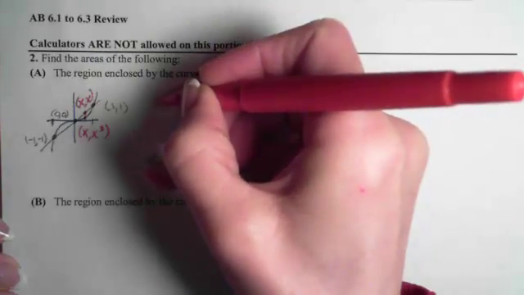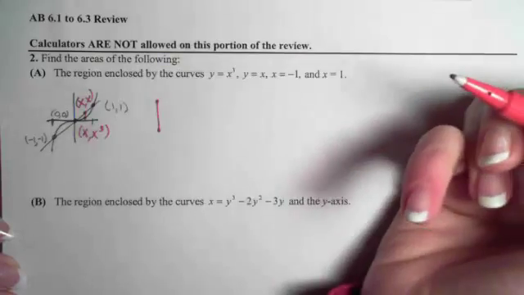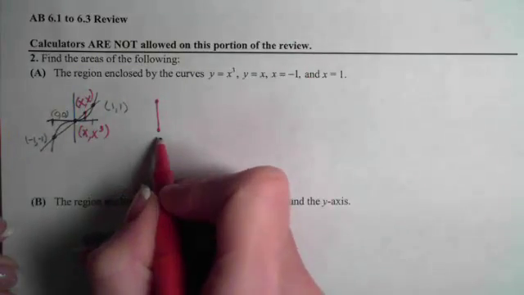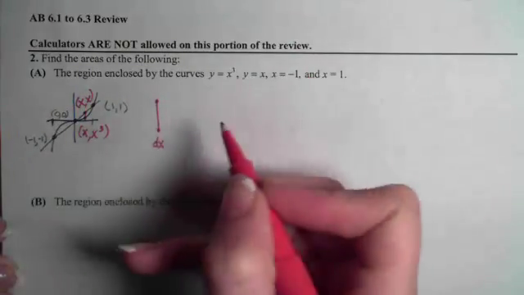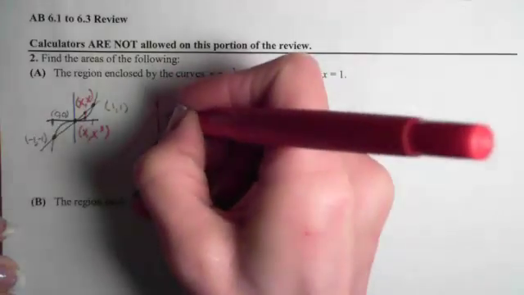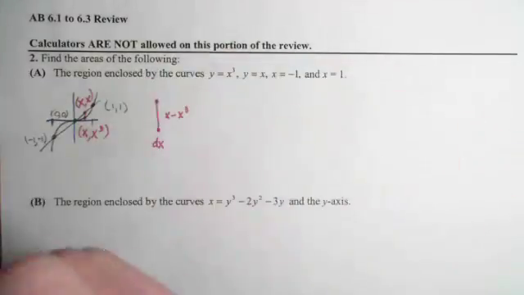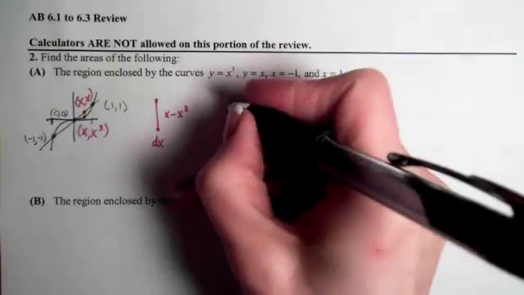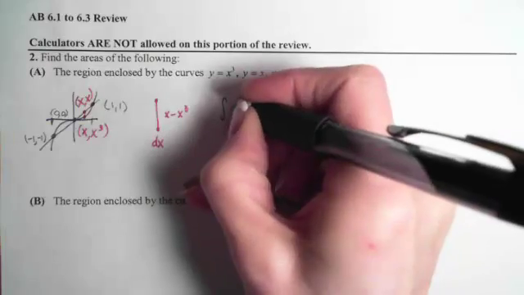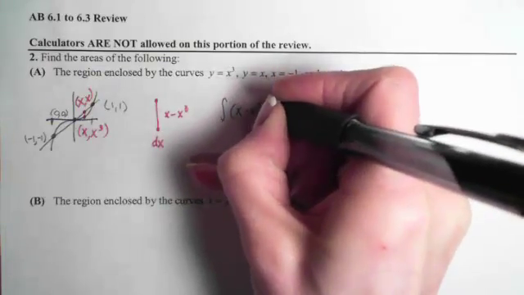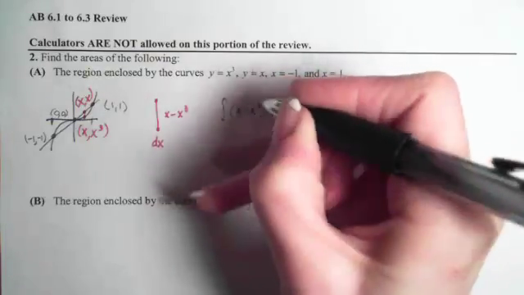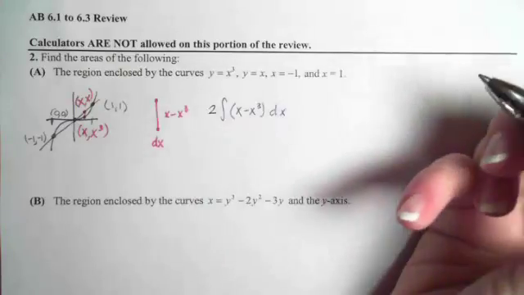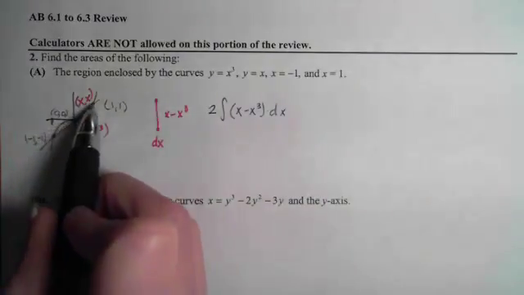So now if I draw my representative slice, which is a rectangle, the width is going to be dx, and the height is going to be x minus x cubed. So now if I write my integral, it will be the accumulation of that height times the width times 2, and we'll go from 0 to 1.